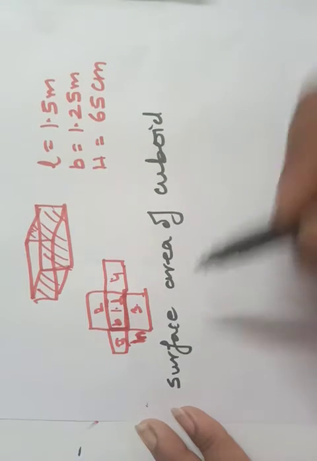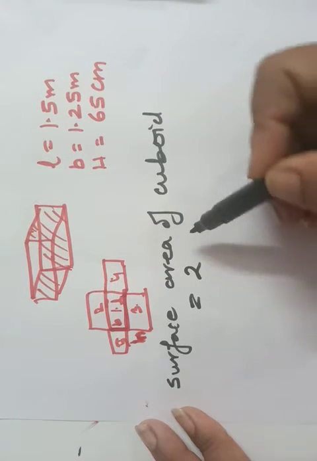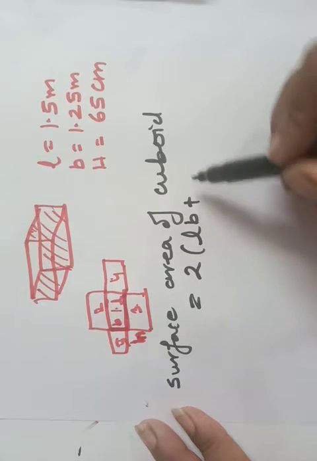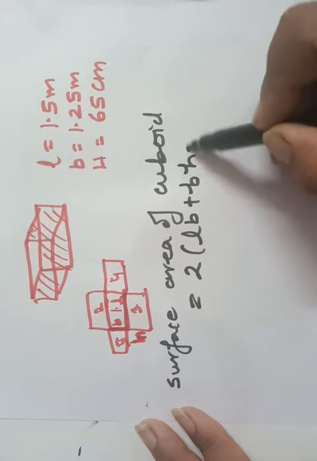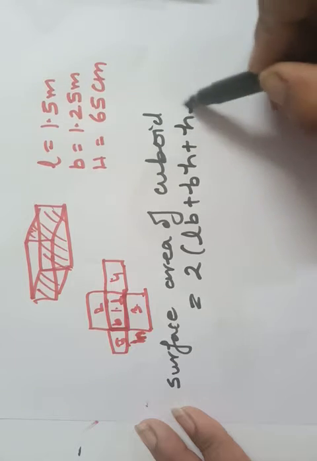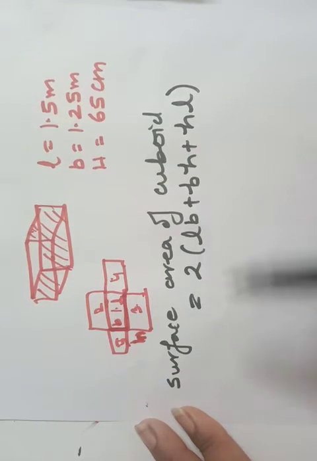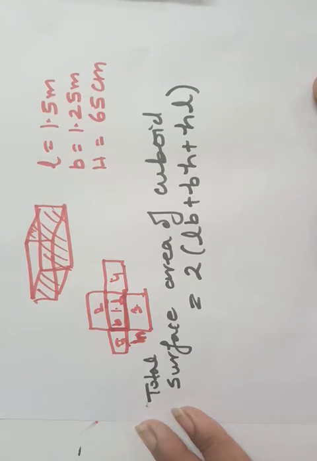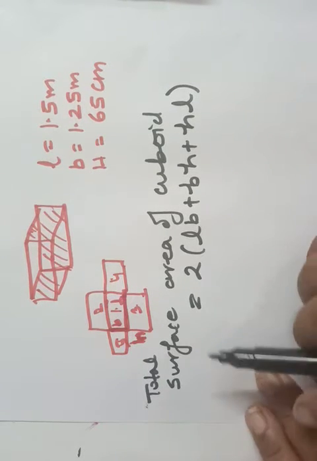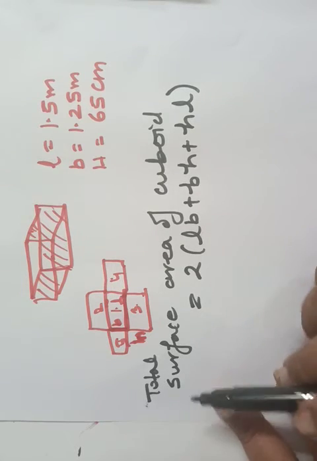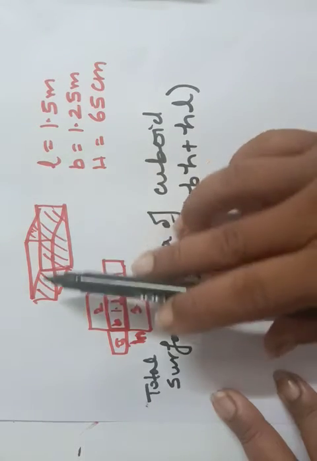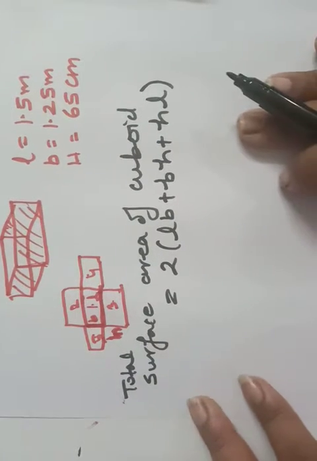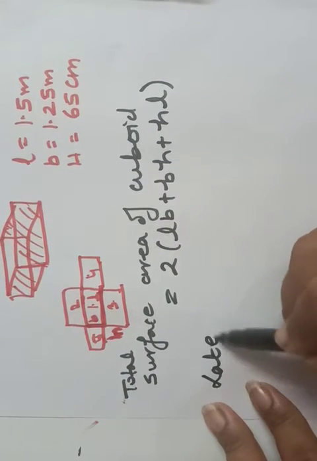Twice of (L into B plus breadth into height plus height into length). This is the total surface area for the cuboid. But when we use the word total, it means the top is also there.